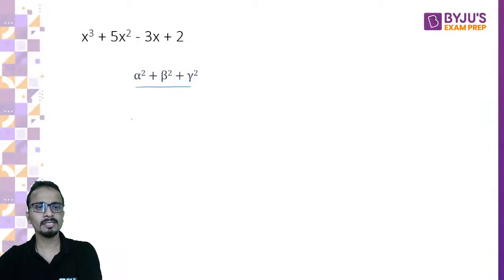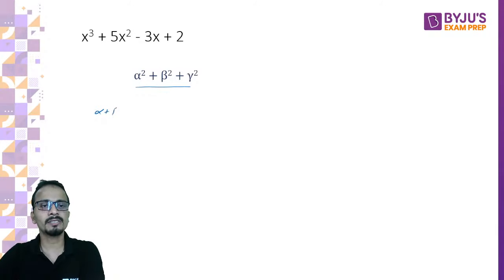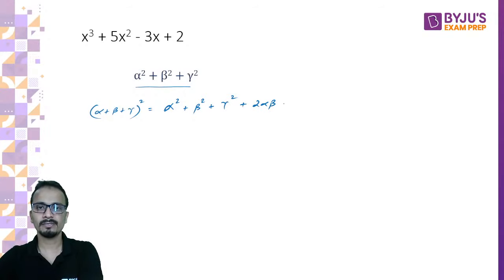So one of the formulas that we saw in my last session on algebraic expressions was alpha plus beta plus gamma whole square, like a plus b plus c whole square. The formula is alpha square plus beta square plus gamma square plus twice of alpha beta plus twice of beta gamma plus twice of gamma alpha.